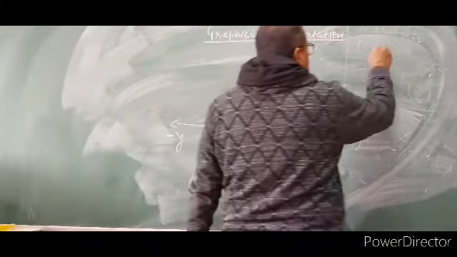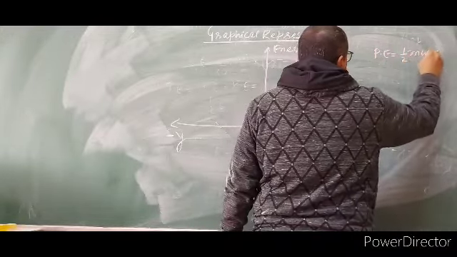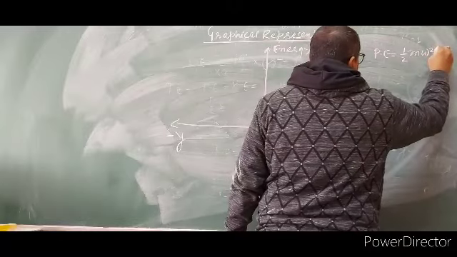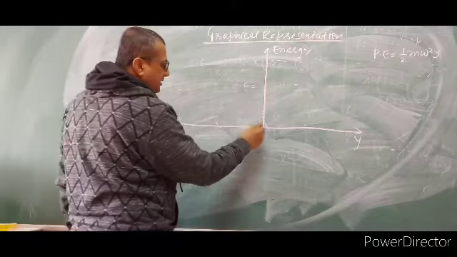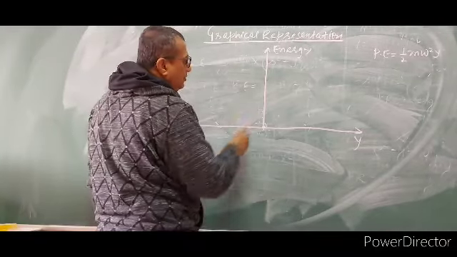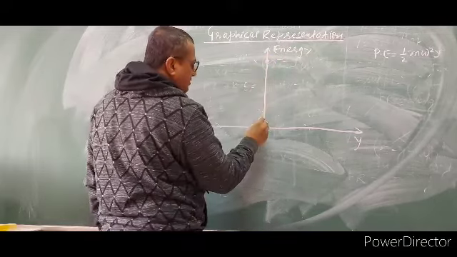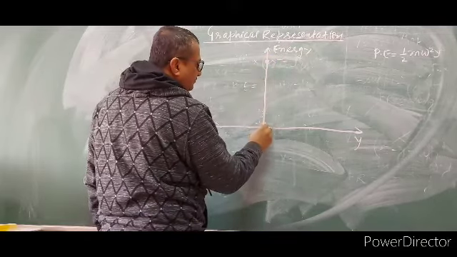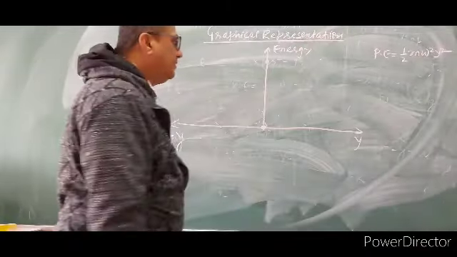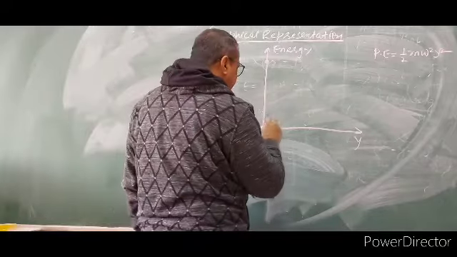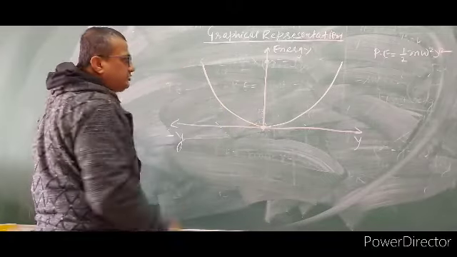Potential energy is equal to half m omega square y square. At this position y is 0, so potential energy will be 0. When y increases, potential energy will increase, and on this side also potential energy will increase.